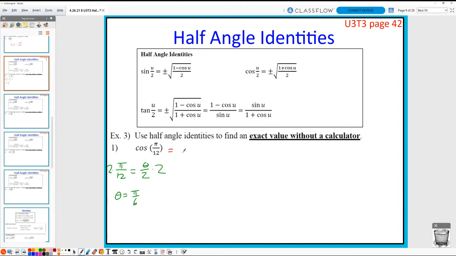Theta is pi over 6, so cosine of pi over 12 is the same thing as cosine of pi over 6 over 2. Now, this is in quadrant 1, so pi over 12 is also in quadrant 1.